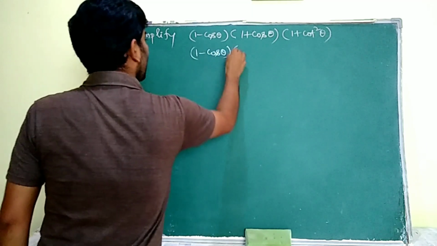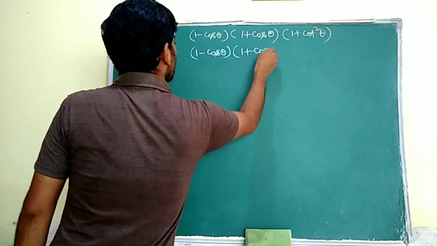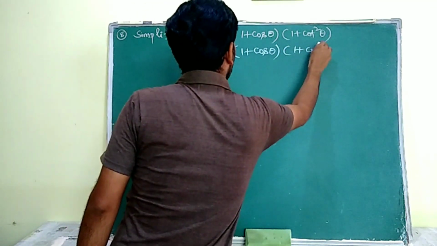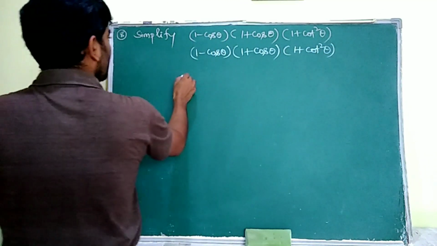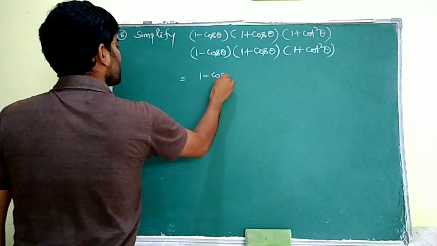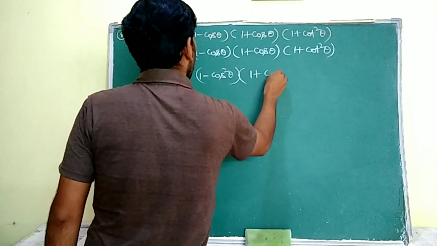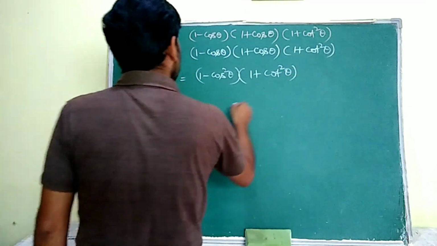1 minus cos theta into 1 plus cos theta into 1 plus cot square theta. Now it is 1 minus cos square theta into 1 plus cot square theta.